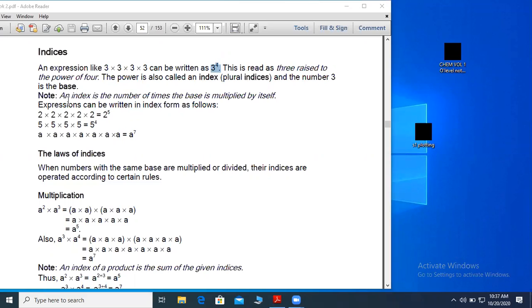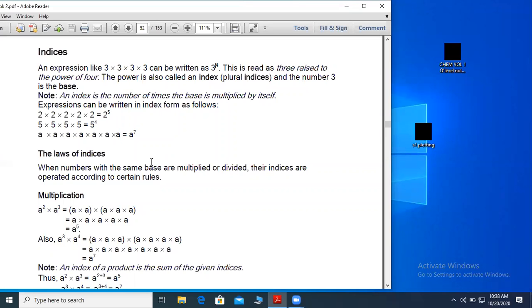Then we note an index is the number of times the base is multiplied by itself. So the index here is 4. It means this number 3 is multiplied by itself 4 times.